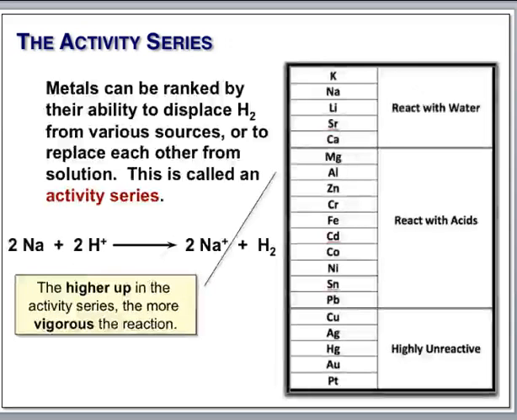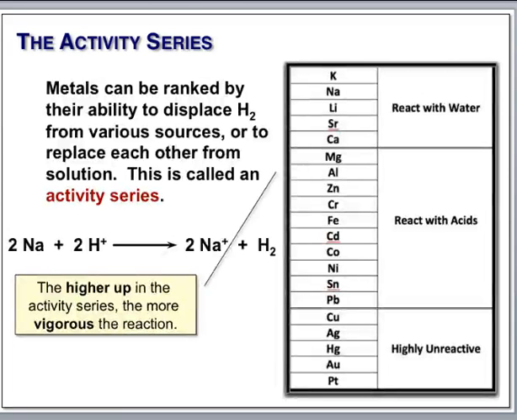How do you know if something like this is going to happen? Well, it's called the activity series. Basically, any metal that's above will replace any metal that's below. What we did in lab was iron and copper. Iron was our element. Copper was our compound.